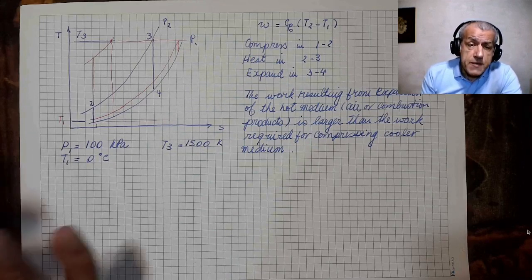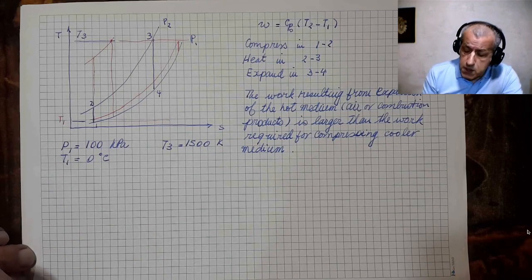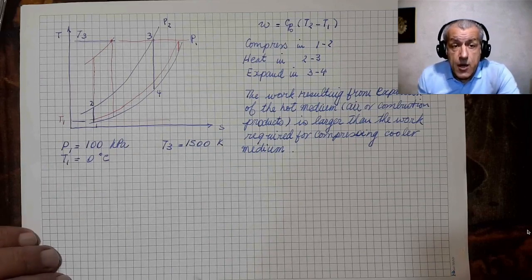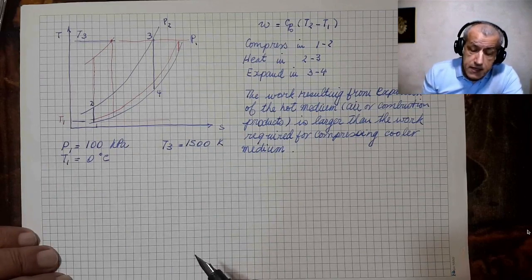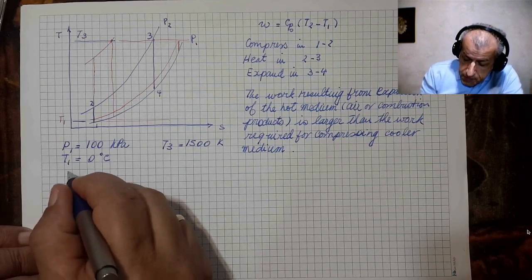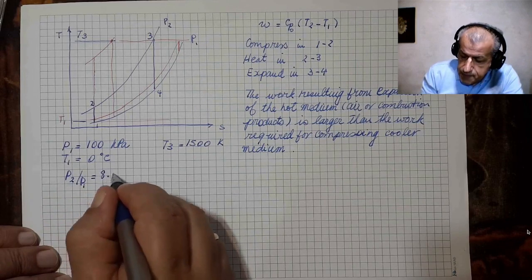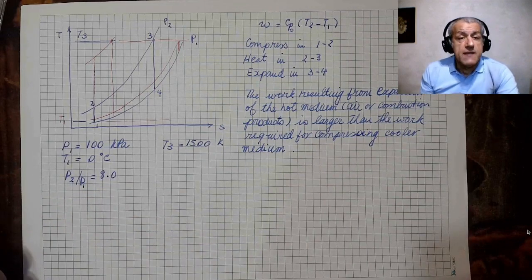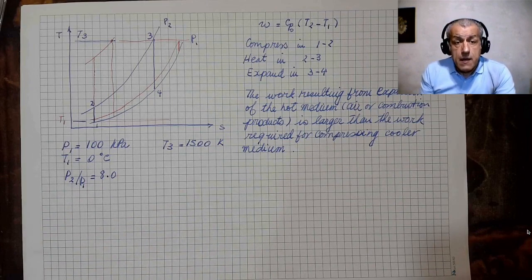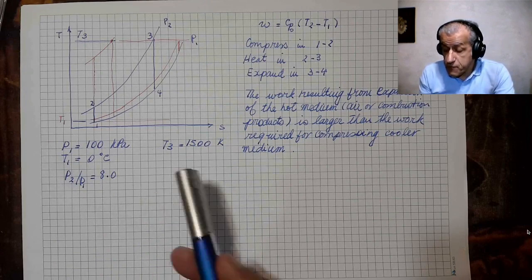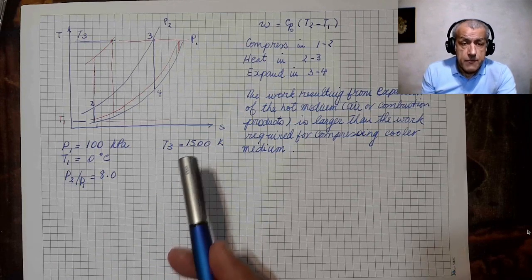So there is an optimum for useful work here, and usually problems tell us where they select that optimum to be. And here, this problem tells us that P2 over P1 equals 8. And that's the selection they have selected. In fact, as the technology today is concerned, 1500 kelvins is a good temperature for turbine entry temperature.